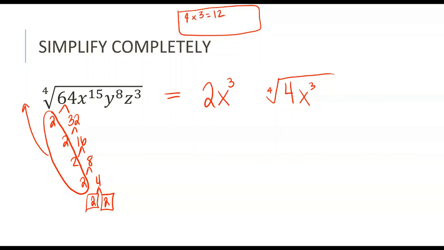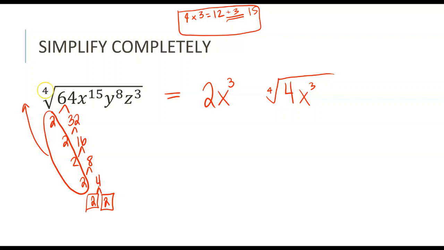That's how many times it goes in evenly. But my goal is 15. So whatever the leftovers are, whatever those remainders are, that stays inside. Just like how these 2's were left over, so 2 times 2, that 4 stayed on the inside.